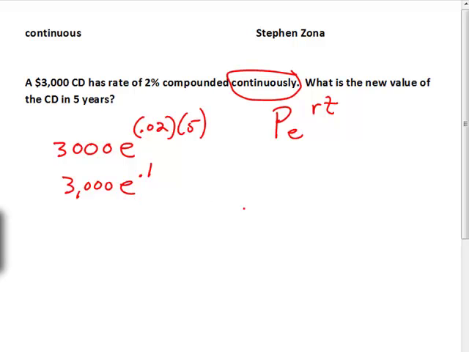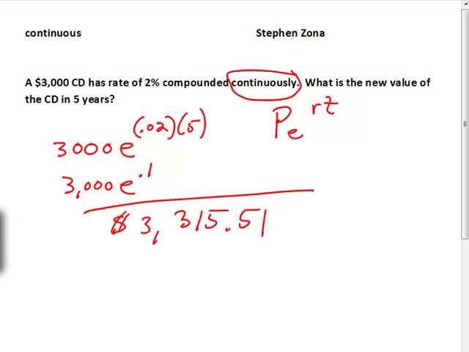And once you hit that, you're going to see e to the x on your calculator. So then all you're going to do is punch in 0.1, and then you'll go times $3,000, and your final answer will be $3,315.51. Again, round to the penny.